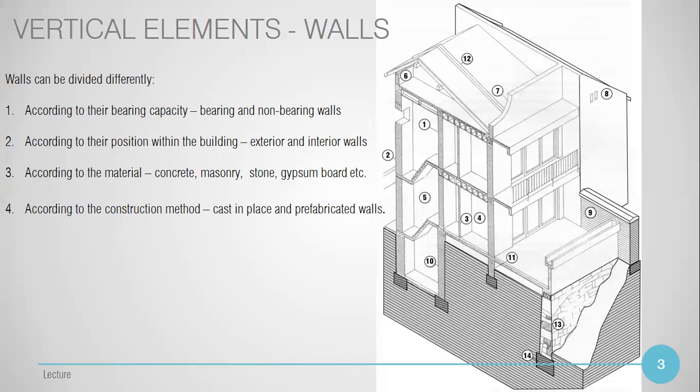Exterior walls should be insulated in order to protect the building from thermal losses. This means that the total thickness of an exterior wall is, for instance, 20 centimeters plus 10 centimeters, so half of the wall thickness is given to the thermal insulation.